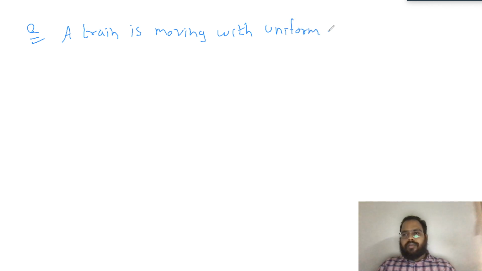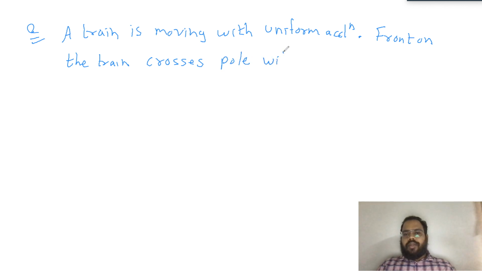So the sum goes, a train is moving with uniform acceleration. Front of the train, the front part of the train crosses a pole with speed u.